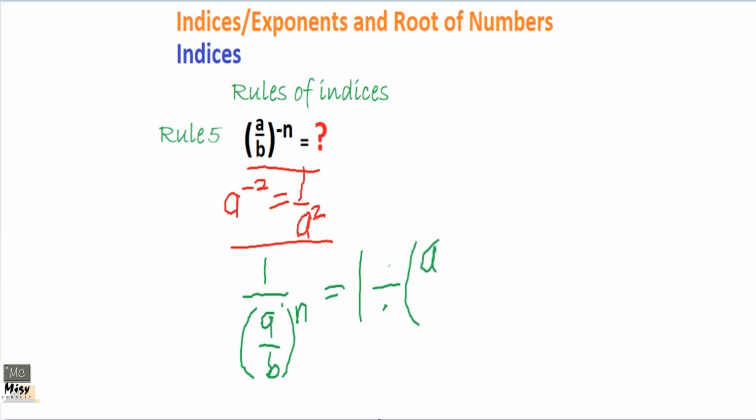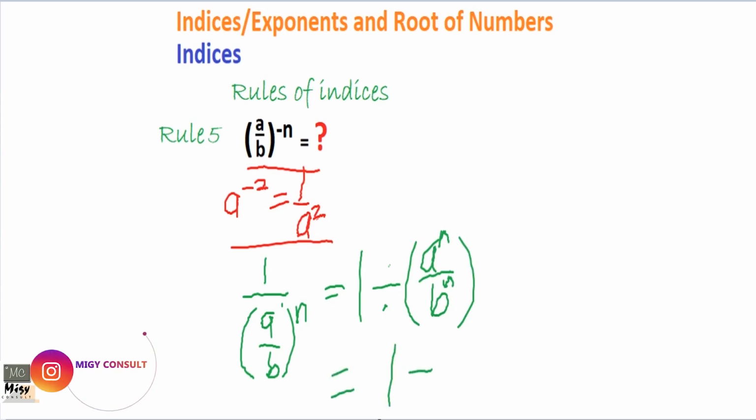A raised to the power n over b raised to the power n, right? We've already solved this. So it's still 1 divided, so we change it to be 1 times b raised to the power n over a raised to the power n.